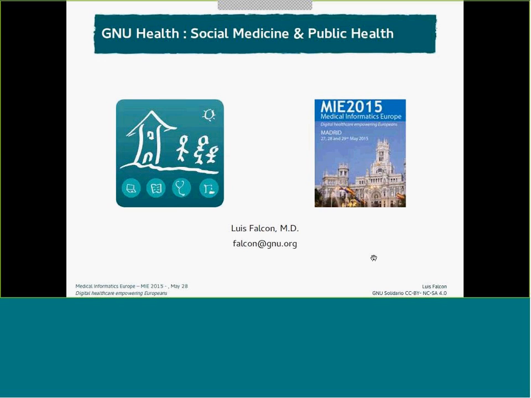Our two projects are GNU Health, the free health and education system, and health in emerging economies. That's an annual workshop that we do in different places. Lately, we are doing it in Spain, and the next one is going to be this September.